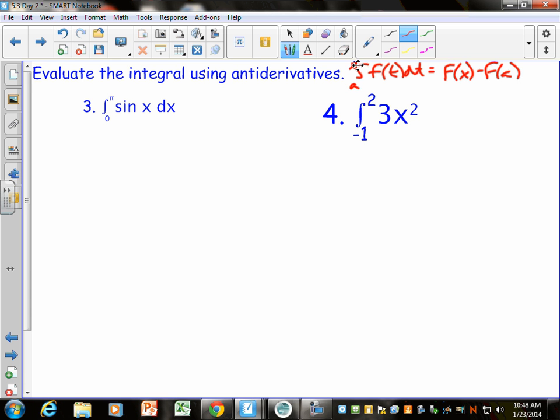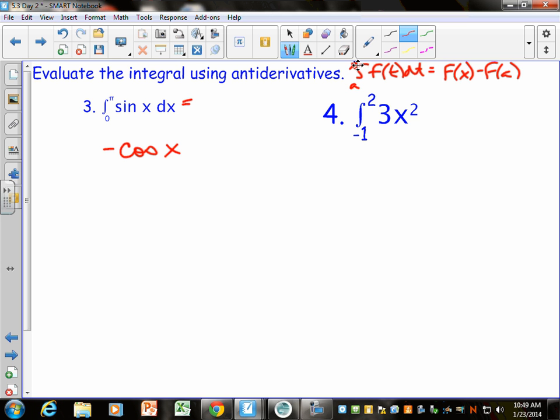Step 1 is you got to get what capital F is, and capital F is the antiderivative. So can you tell me what the antiderivative of sine of x is? Negative cosine? Yes? And the notation for this is we say this equals negative cosine of x. No more plus c right now.